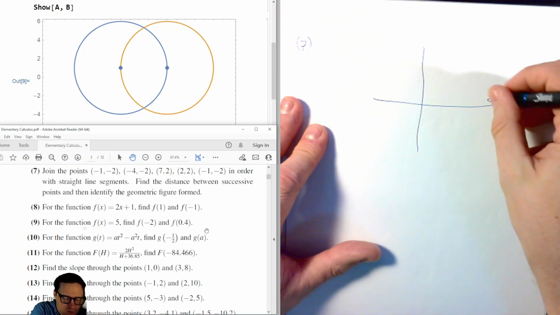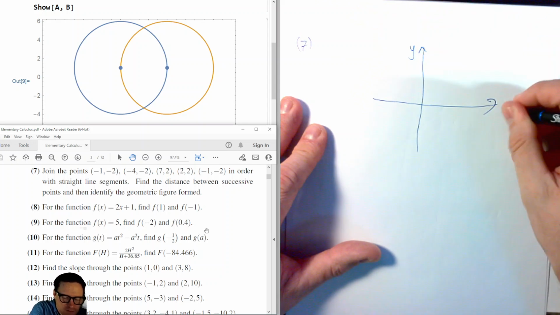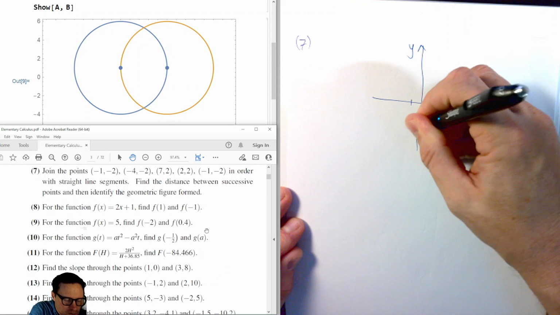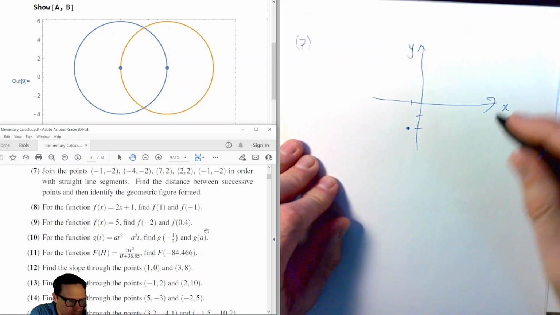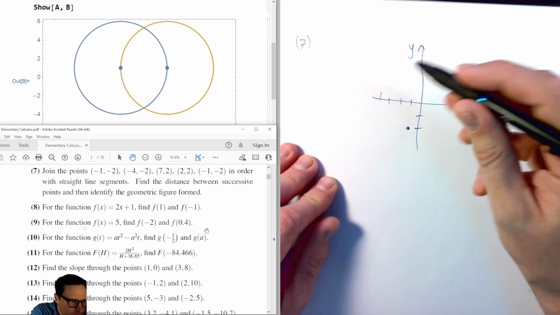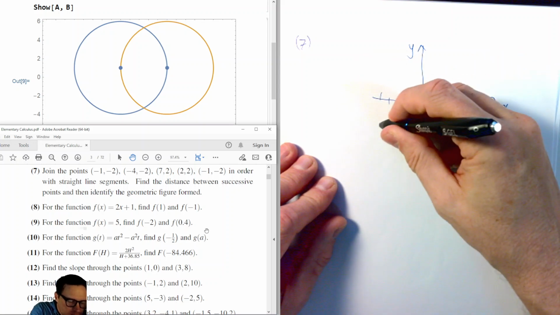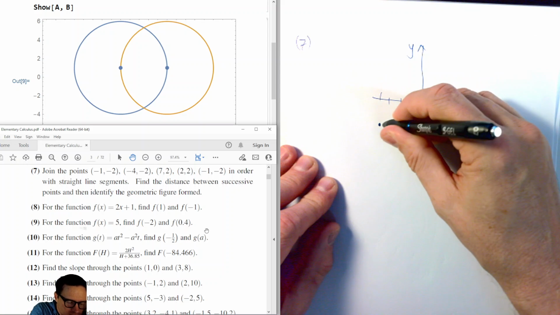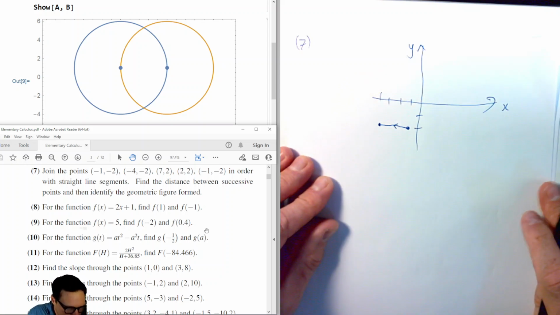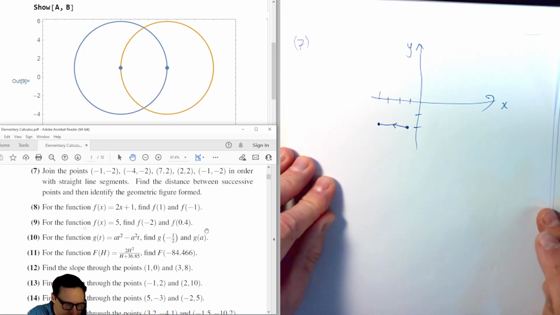Okay, so let's draw a graph. So minus 1, minus 2, somewhere there. Minus 4, minus 2, let's say there. Okay, so we go from there to there. And then we go to 7, 2.